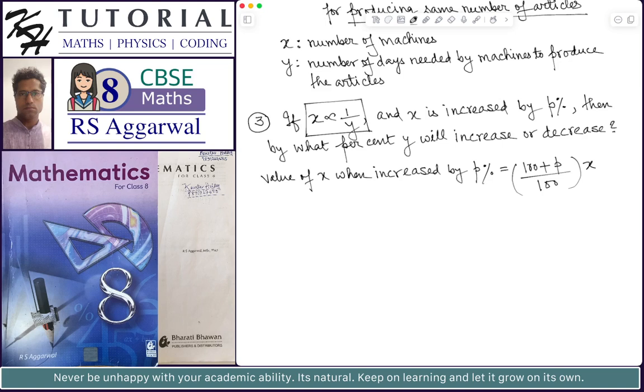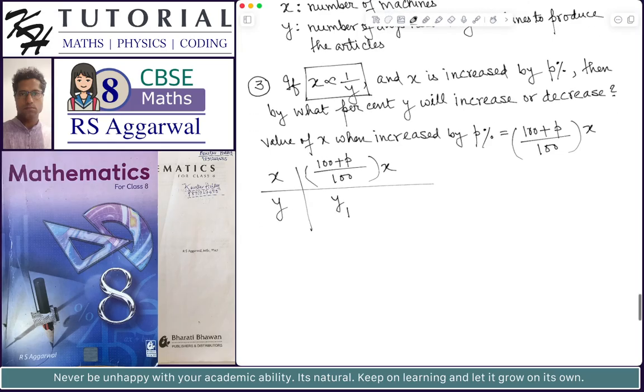Now let's say we create a table. The initial values were x and y, and the new value of x, after x has been increased by p%, is 100 plus p divided by 100 multiplied by x. Let's say the value of y is y1 when x is increased by p%. So we have these two data in the table.